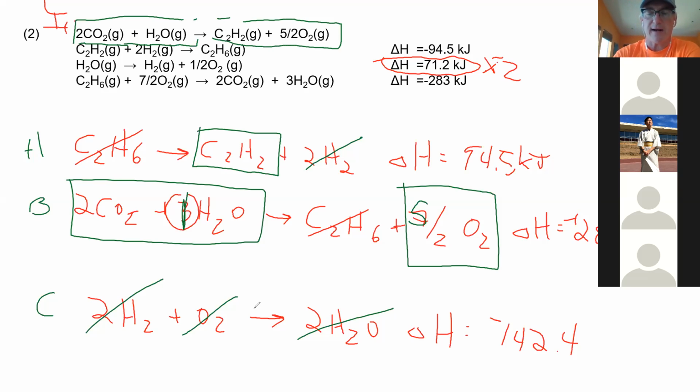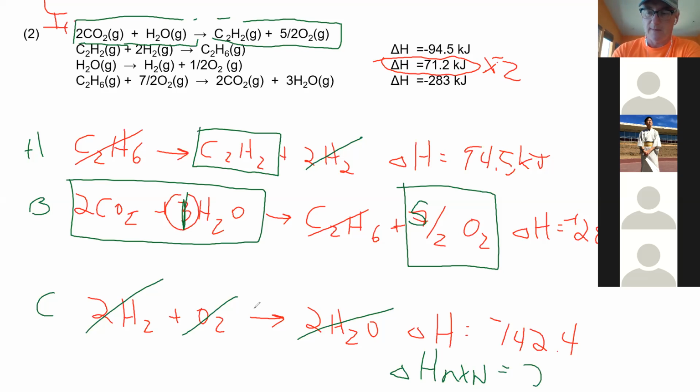So what is the final delta H of the target reaction? I got 235.1 kilojoules. Let me double check on that one. 94.5 plus 283 minus 142.4, 235.1.